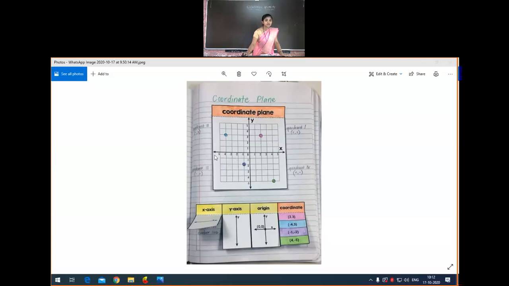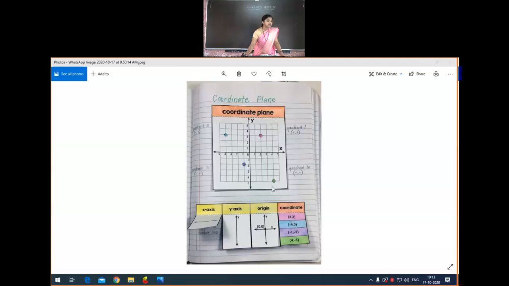On the plane surface, one horizontal line and one vertical line intersect at one common point. That common point is the origin. Then it forms the Cartesian plane. Using this Cartesian plane, we can mark the location of points. For example, 2, 3 is one point.